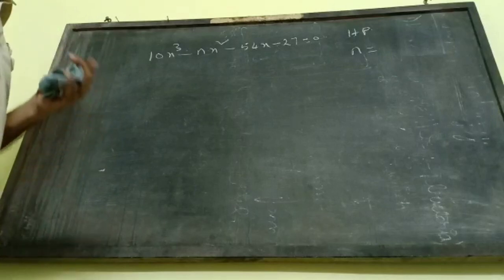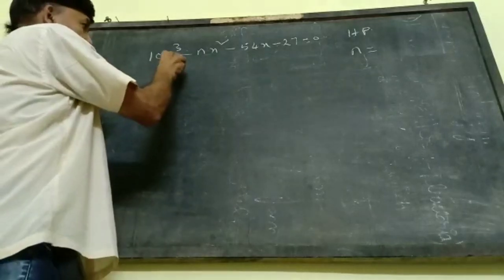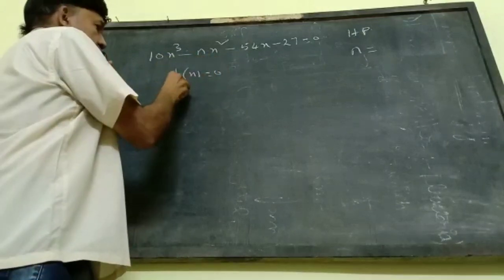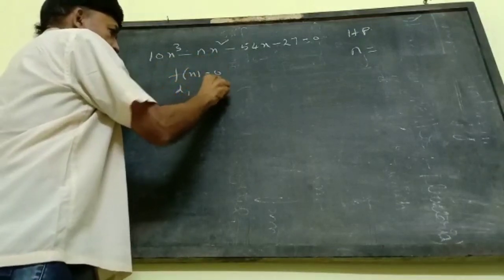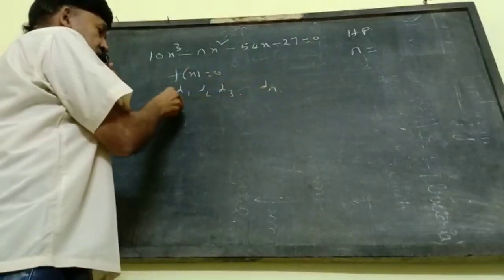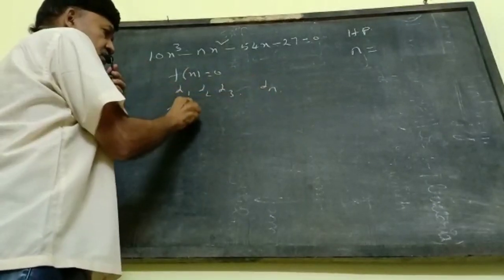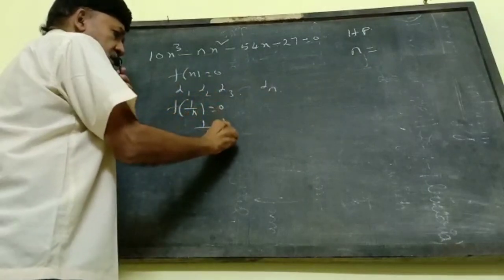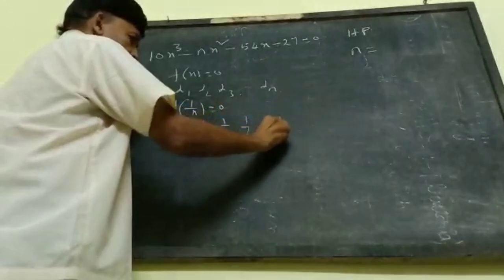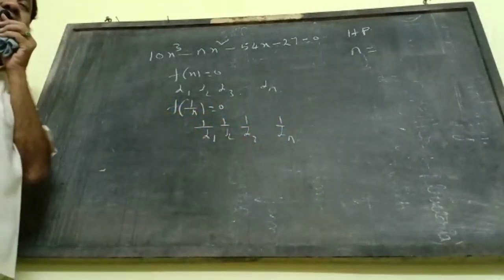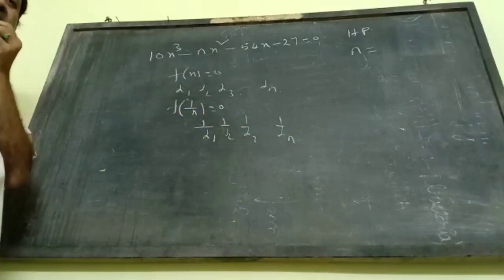See, by this time you should remember that suppose f of x is equal to 0, roots are, let us say, alpha 1, alpha 2, alpha 3, alpha n. Then for f of 1 by x is equal to 0, roots are 1 by alpha 1, 1 by alpha 2, 1 by alpha 3, 1 by alpha n. f of x is equal to 0 is a polynomial equation.